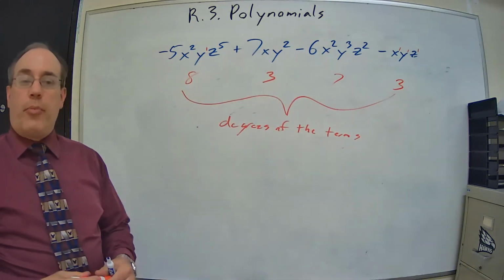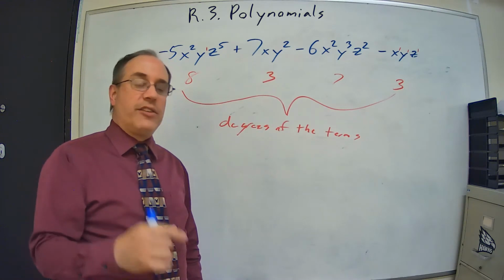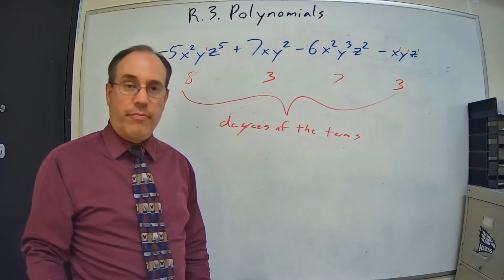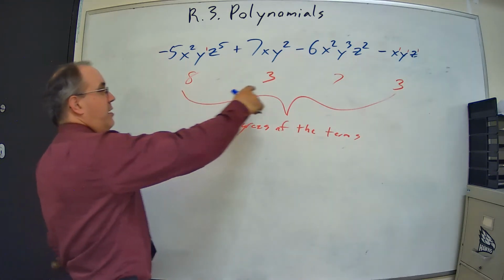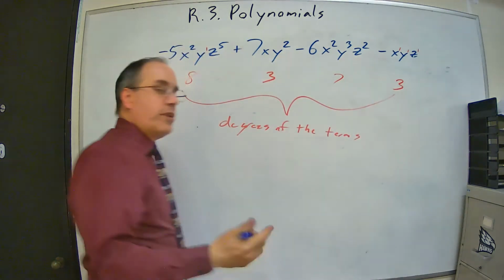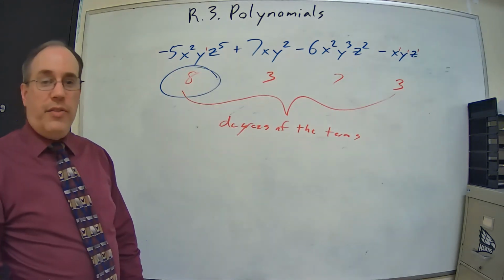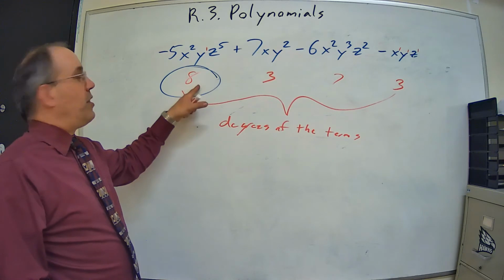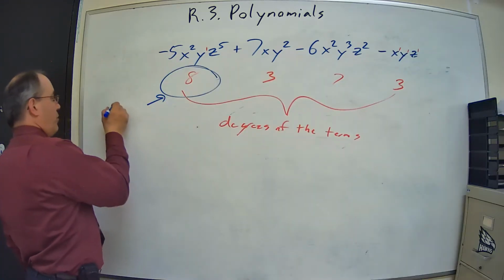The degree of the polynomial is equal to the degree of the highest degree term. So if I look at this, I have 8, 3, 7, and 3 for the degrees of the individual terms. The highest degree term is this one that had a degree of 8. That is the degree of the polynomial.